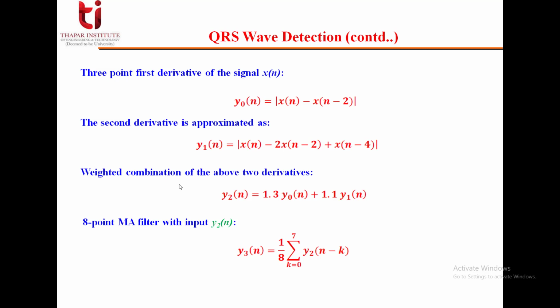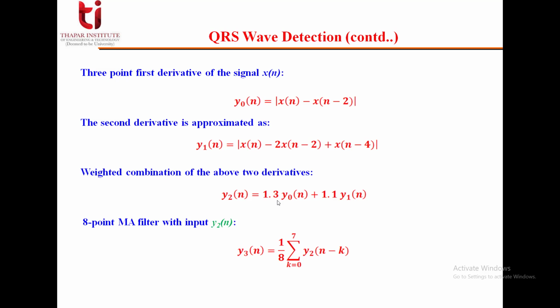Research on this found that if we take an unequal contribution of both derivatives, with 1.3 for y0[n] and 1.1 for y1[n], that is, a little more contribution of the first derivative and a little less of the second derivative, then the signal obtained gives better detection.